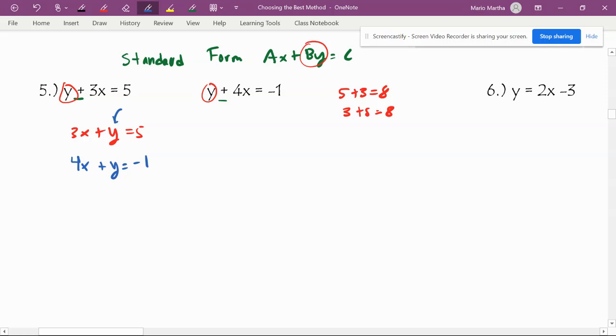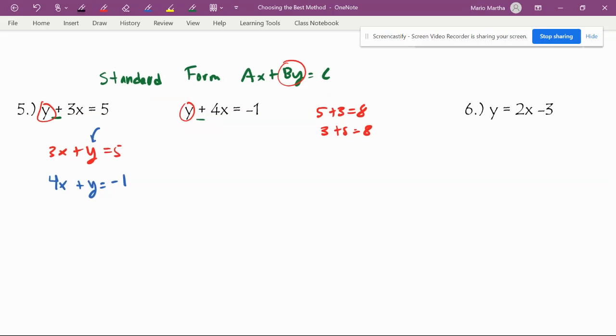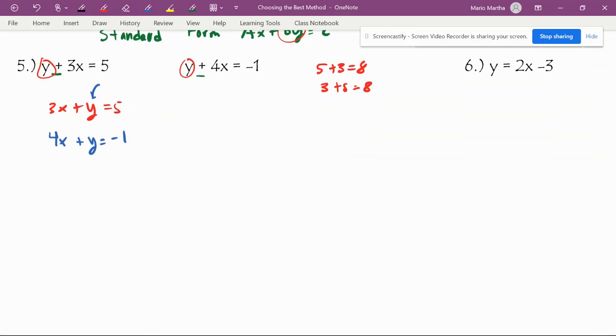Both of them have a 1 in front of them. So here, all I have to do is just multiply one of them by negative 1 to eliminate it, right? Because that's pretty much the method that I'm using. Both of these are in standard form, so I'm going to use elimination. So here, it's just a preference which equation you guys want to multiply by negative 1. I'll do the top one.